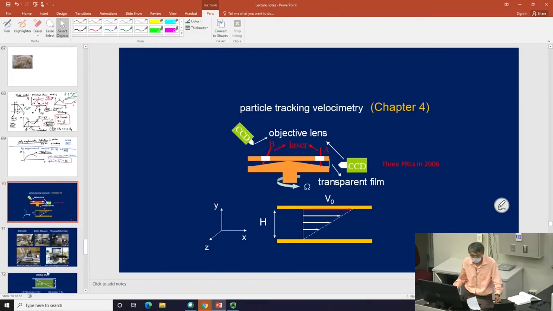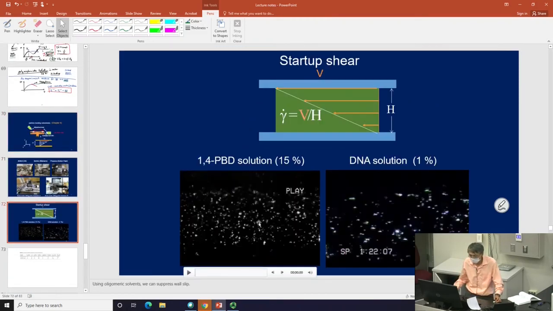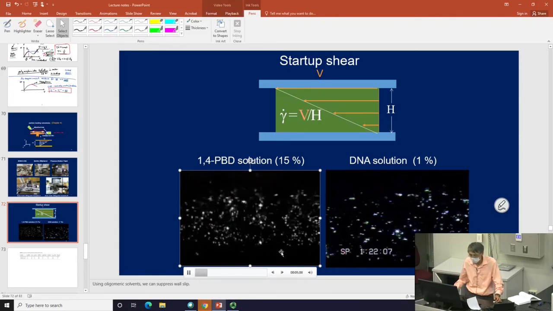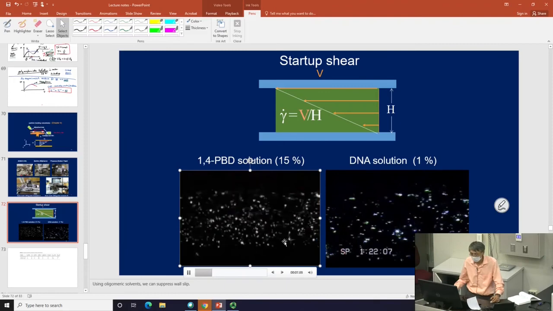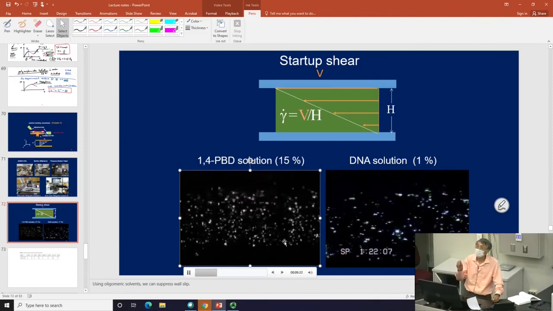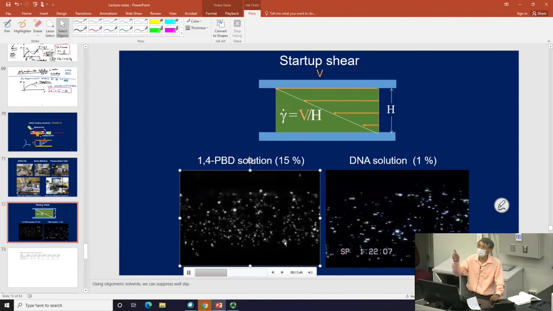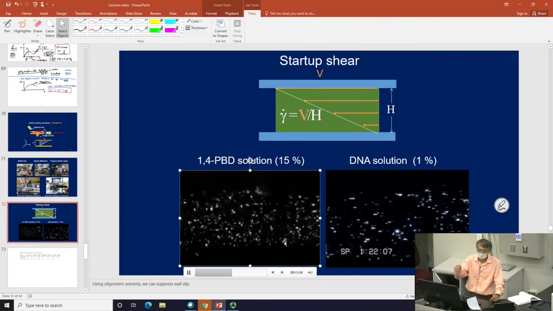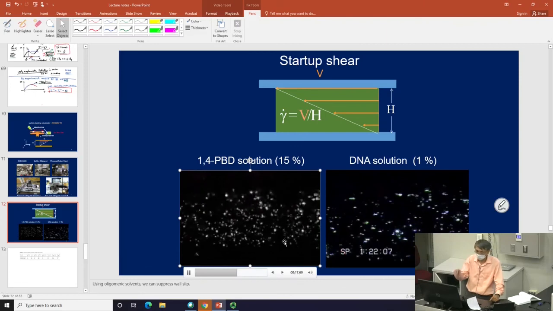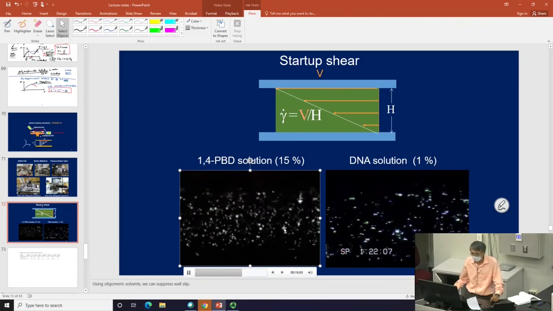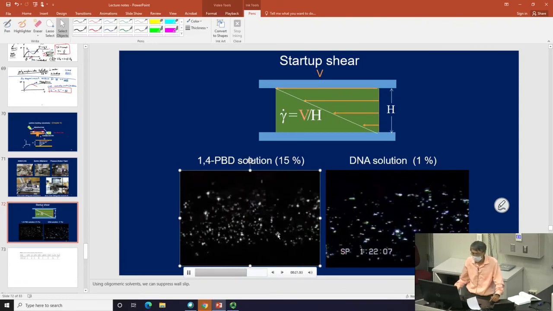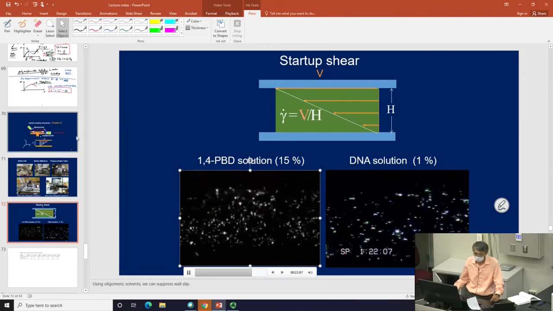So this gap is 1 millimeter, and the sample is transparent until you add just a few hundred ppm of particles. It's a very small volume fraction, a fraction of a percent of light reflecting particles. And now you can track it.